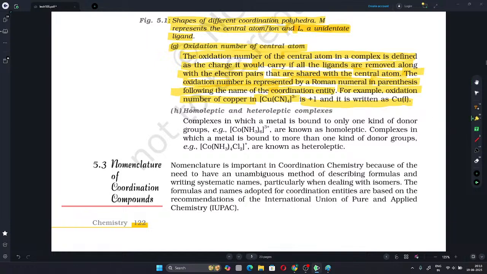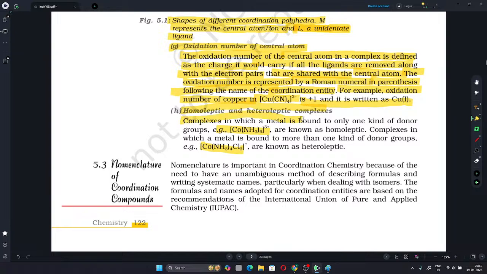The next topic, homoleptic and heteroleptic complexes. In homoleptic complexes, we see that only a single kind of ligand is there. In the case of Co(NH3)6, only NH3 is the ligand. In heteroleptic complexes, there is more than one kind of ligand. Here, NH3 is there and Cl is also acting as a ligand.